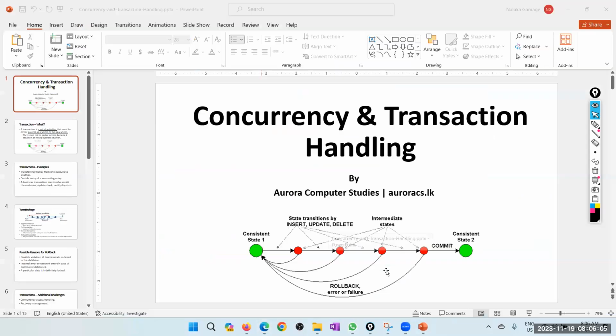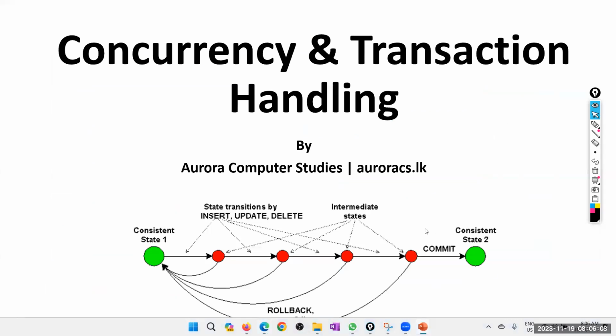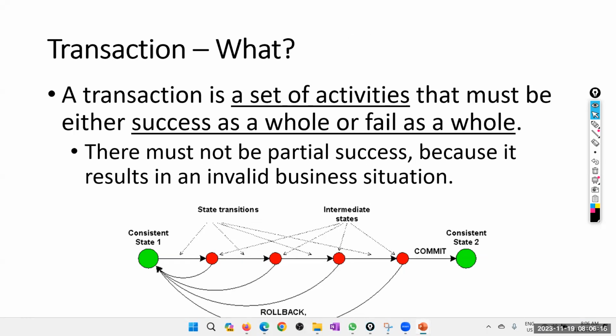So what is a transaction? And what is concurrency handling? Right. So a transaction is a set of activities that must either succeed as a whole or fail as a whole. That means out of those set of activities, we must not see partial success or partial failures.